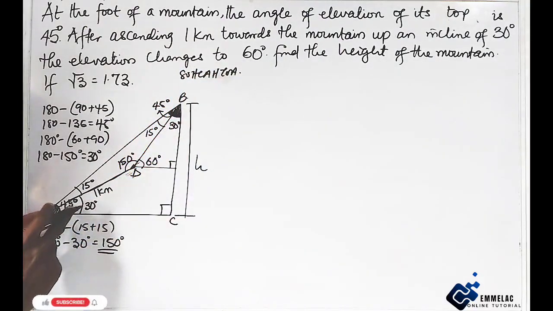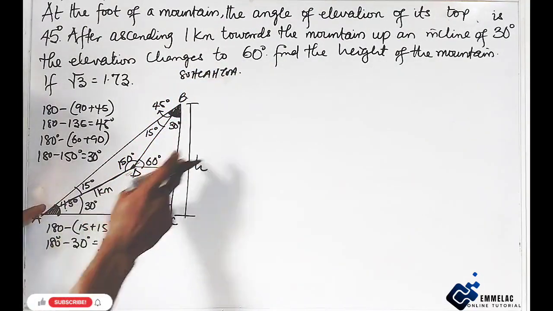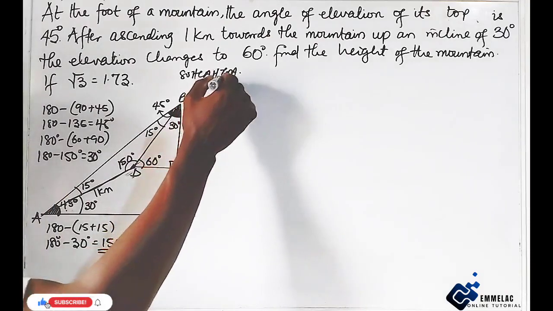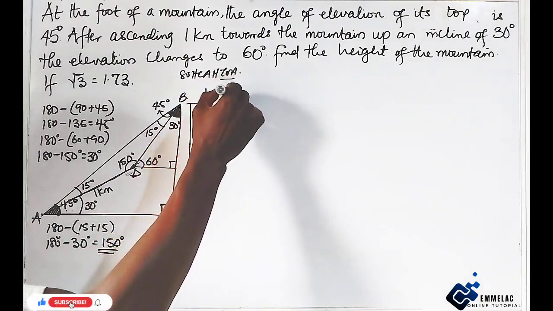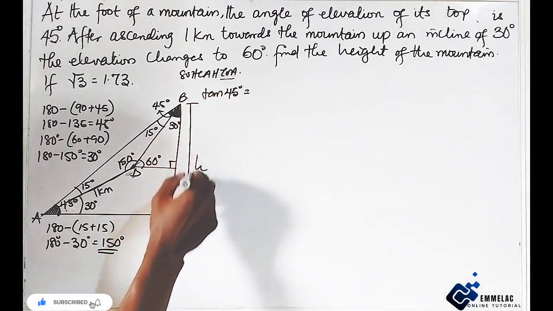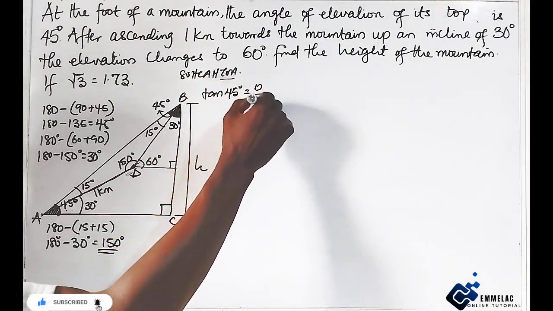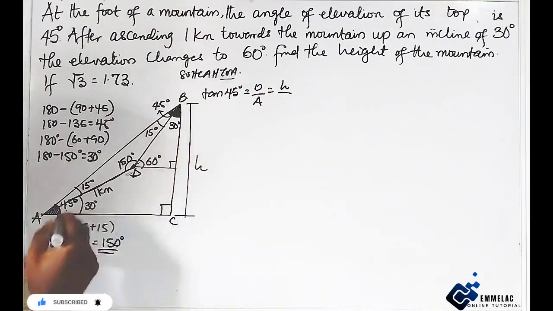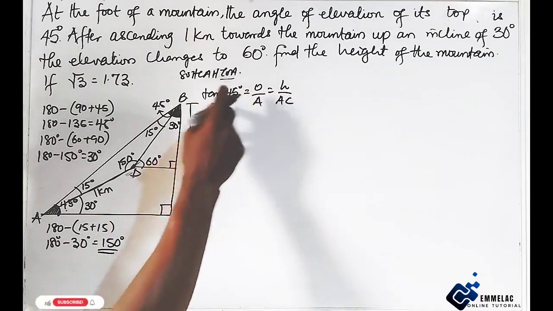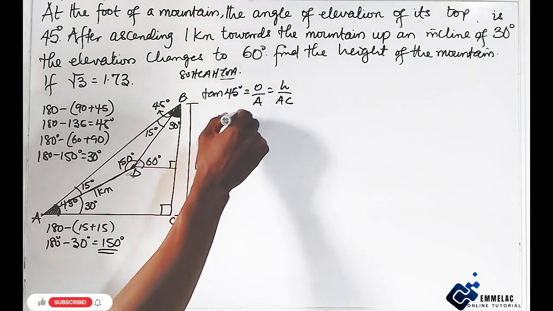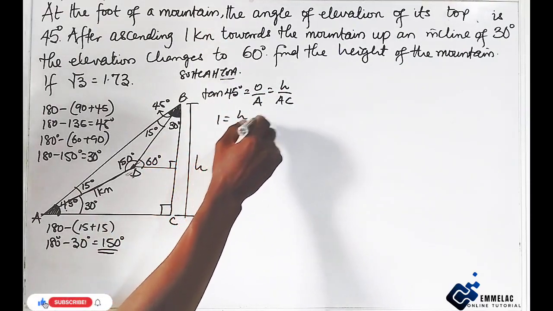Now this is the angle, which is 45, opposite over adjacent, so that will be tan. That will be tan 45 equals opposite over adjacent, which is H over AC. And tan 45 is 1, so here we have 1 equals H over AC.